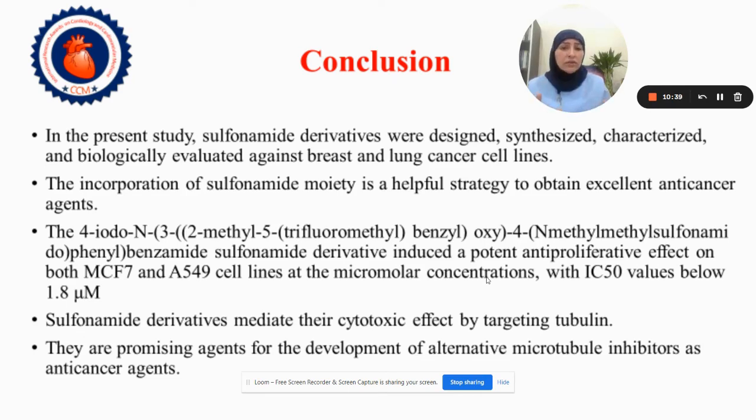All the synthesized compounds are potent in reducing cancer cell growth, but the special one is the 4-iodo-benzamide sulfonamide derivative, which induced a potent anti-proliferation effect in both MCF7 and A549 cell lines at micromolar concentration, below 1.8 micromolar IC50 value.